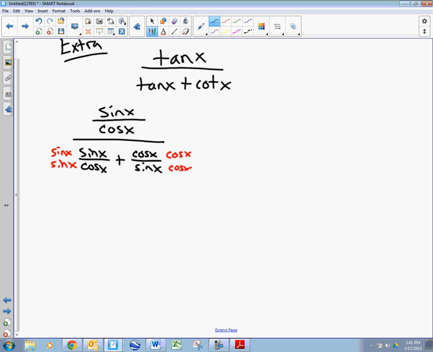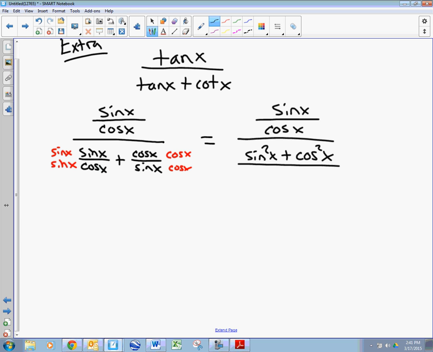So I have sine of x over cosine of x divided by, in the denominator, sine squared plus cosine squared over sine of x cosine of x. What is sine squared plus cosine squared? It's just 1.